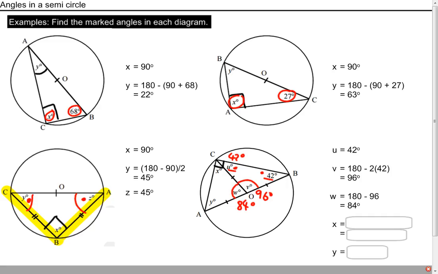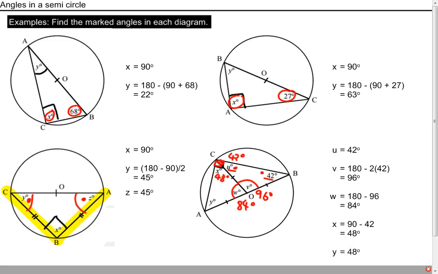I know that this side here is 42 degrees, so I just need to figure what takes me up to 90. 90 degrees, take away my 42, well that's going to give me 48 degrees in here. Because y is part of an isosceles triangle, y is going to have the same value as x. He's going to be 48 degrees as well.